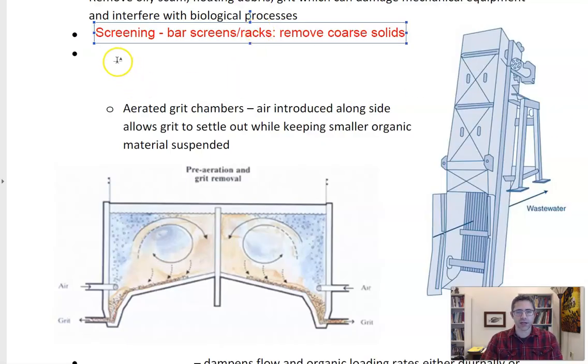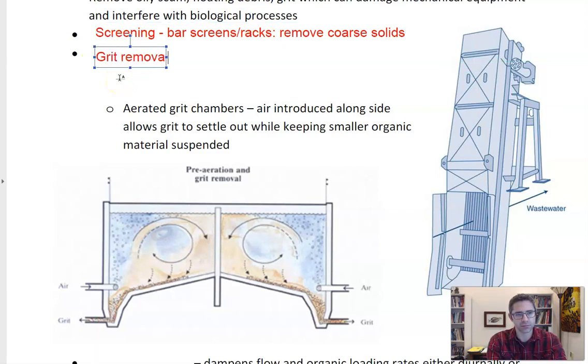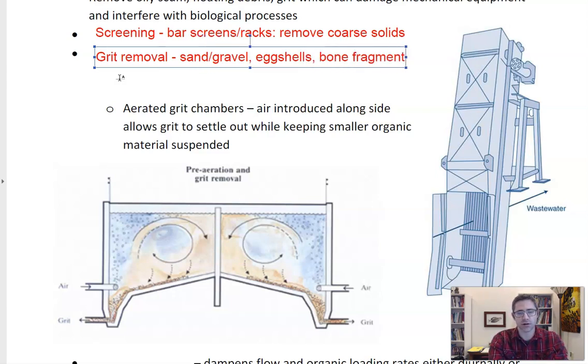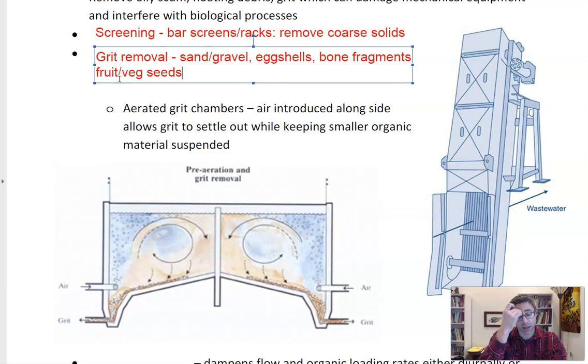And then after screening, the next step is grit removal. So in addition to coarse solids, we have typically things like sand and gravel, or things like eggshells, bone fragments, hopefully not human bones, but you know, chicken bones and things like that, fruit and vegetable seeds, and coffee grounds.